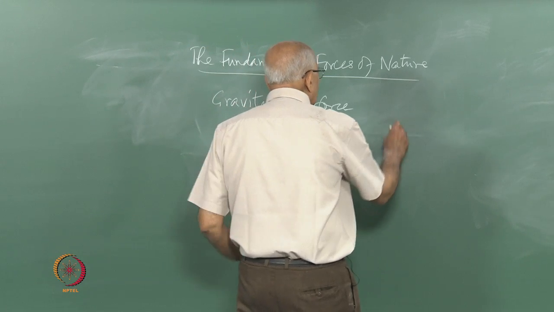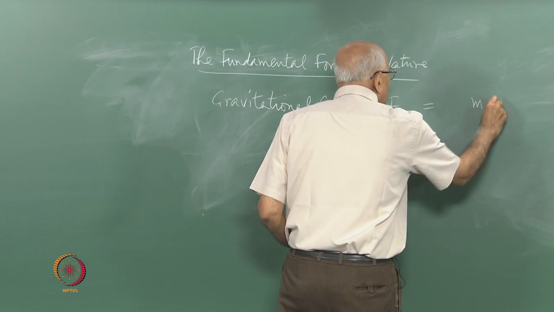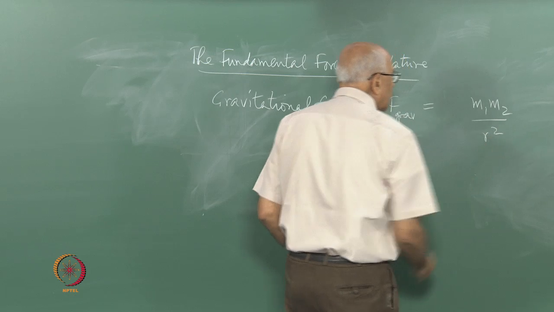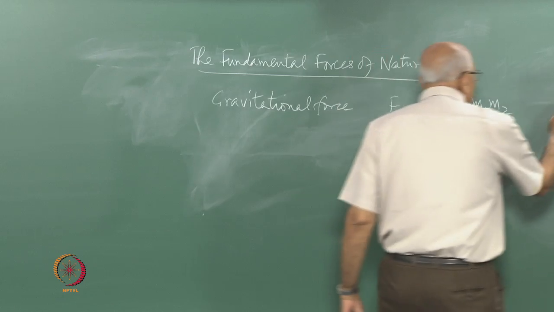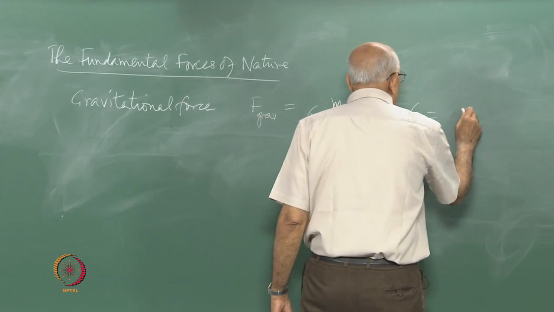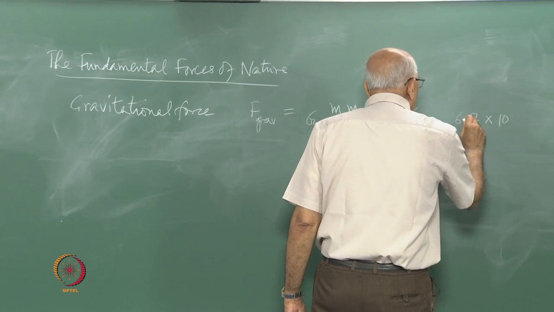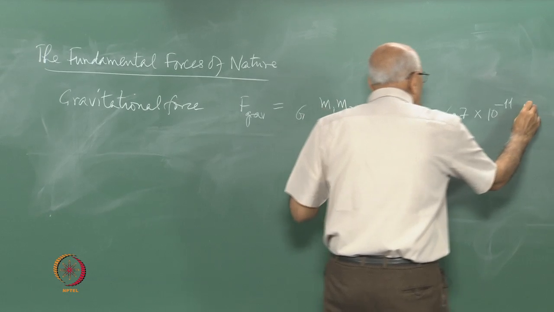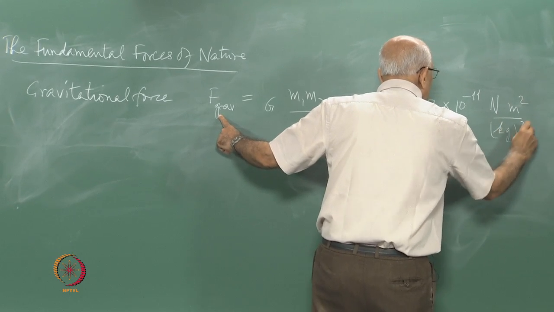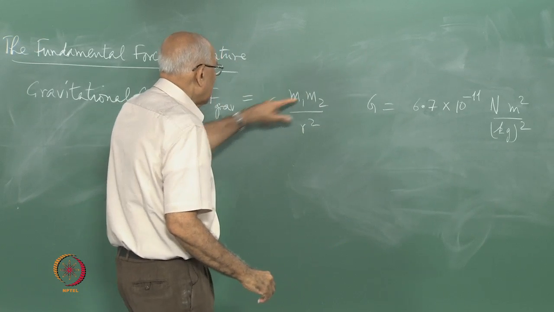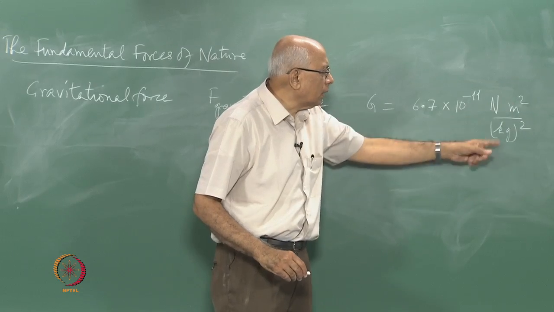which says that if you have 2 masses m1 and m2, the gravitational force between them, F gravitational, is equal to the product of the masses divided by the square of the distance between them, multiplied by a universal gravitational constant G. This G is approximately 6.7 times 10 to the power minus 11 newton meter squared over kilogram squared.